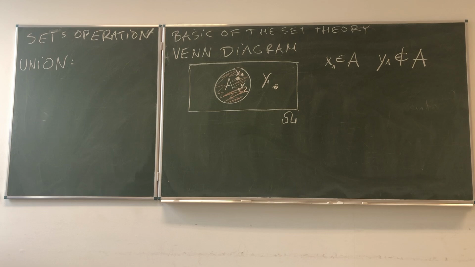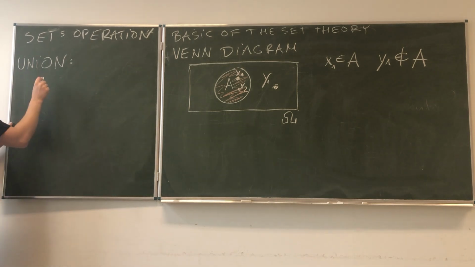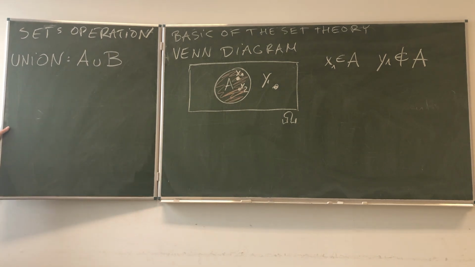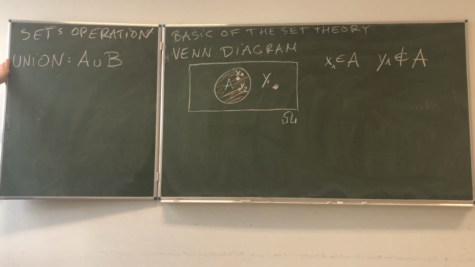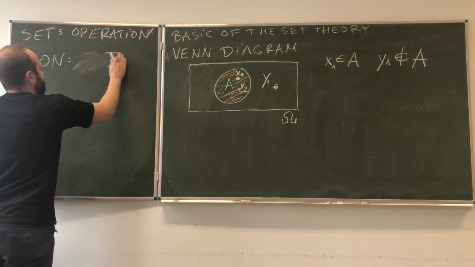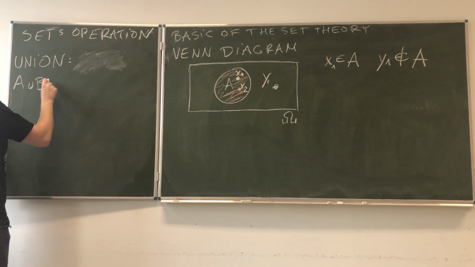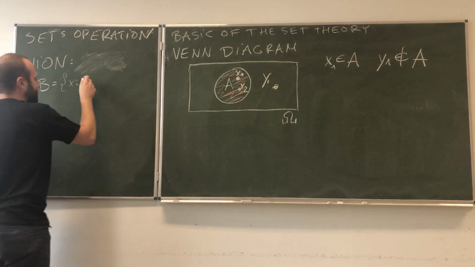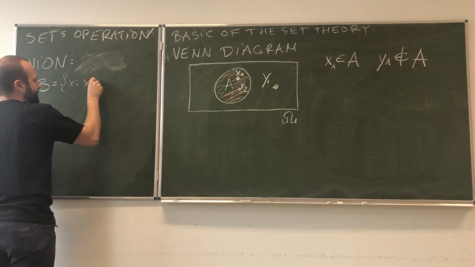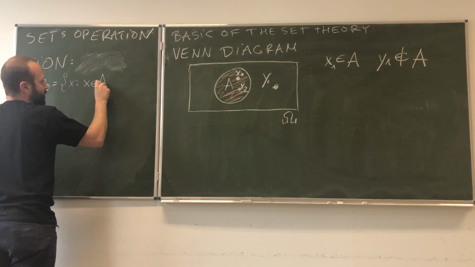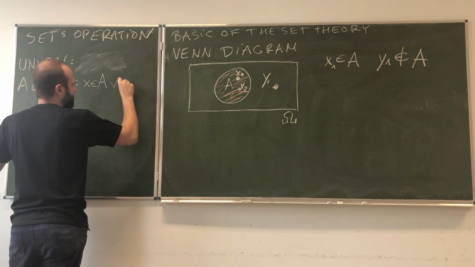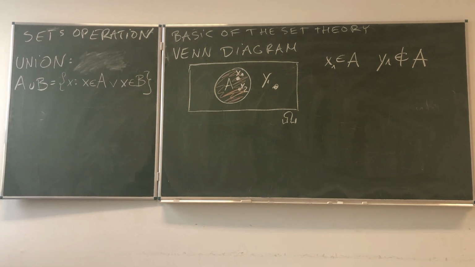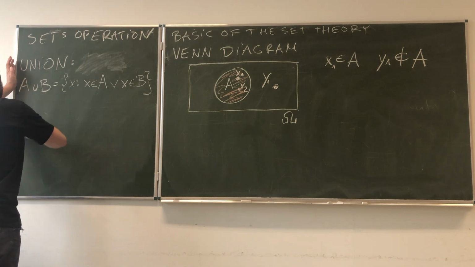And we're going to start with union. Now, look, the union of A and B, we write it as A ∪ B, is a collection of all x's such that x is an element of A or x is an element of B. So, how can we show this situation on a Venn diagram?